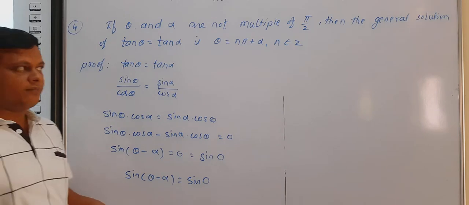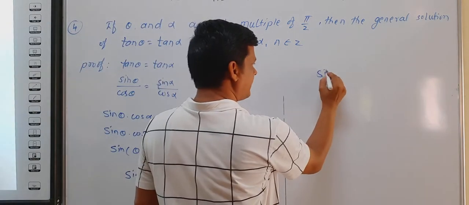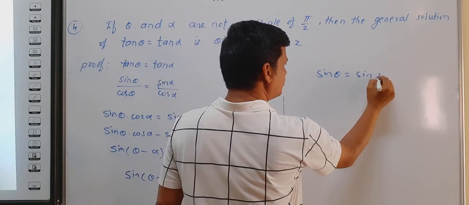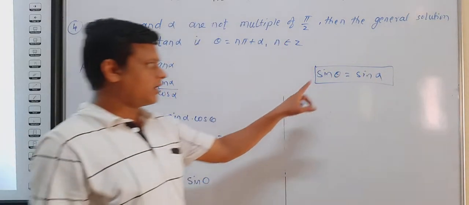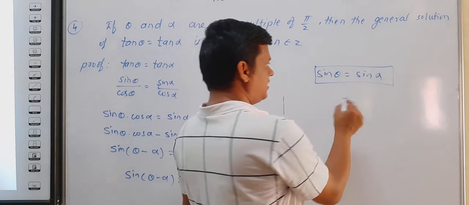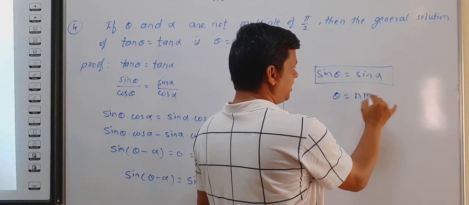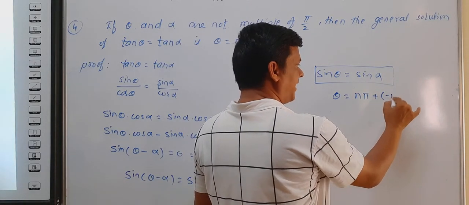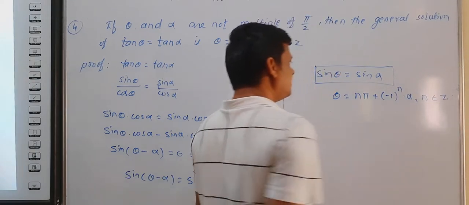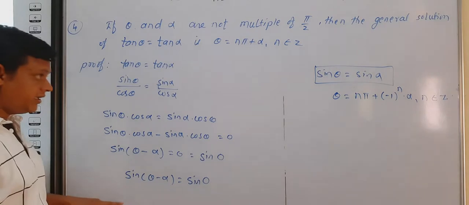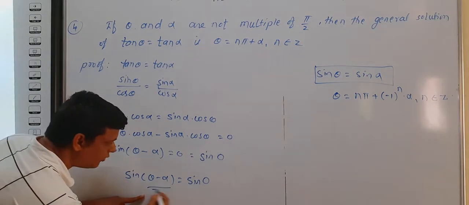Now we come to the formula: sin (theta minus alpha) is equal to sin 0. This is of the form sin theta equals sin alpha. So for sin theta equals sin alpha, the general solution is theta equals n pi plus (minus 1) raised to the power n into alpha, n belongs to Z. Now here, instead of theta, this bracket we have to consider.